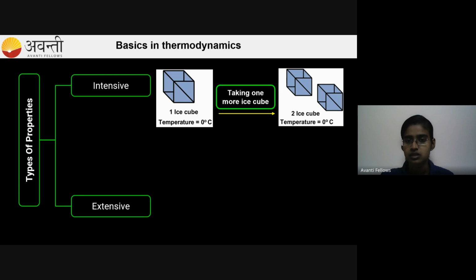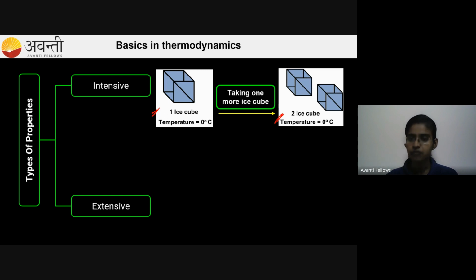Suppose I take this ice cube. In the first case, I have one ice cube and the temperature of this ice cube is 0 degrees Celsius. Now, here I have taken two ice cubes. I have changed the quantity from 1 to 2, but the temperature is still 0 degrees only. The temperature remains the same.